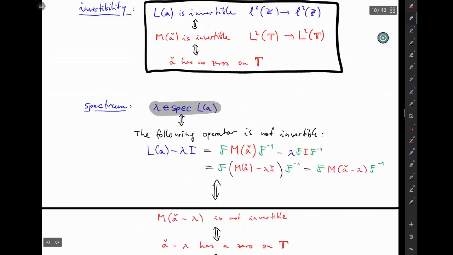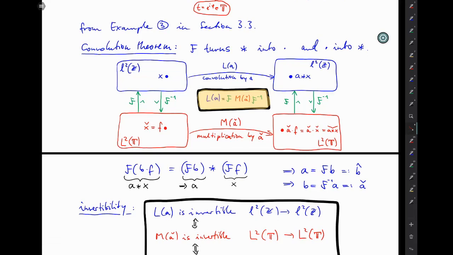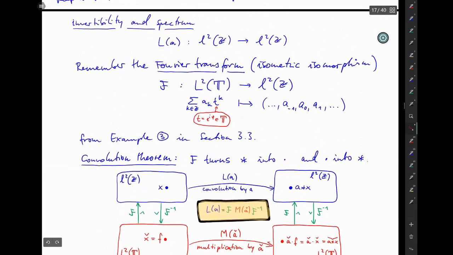Well, we know the sequence a that acts here via convolution, and we need the function a upside down hat that acts here via multiplication. So how do we compute a upside down hat? Well, it's the function whose Fourier transform is a. So it's the function that you can write down like this by using your little a's as Fourier coefficients.